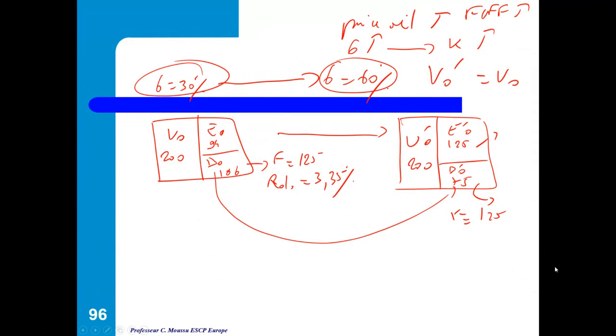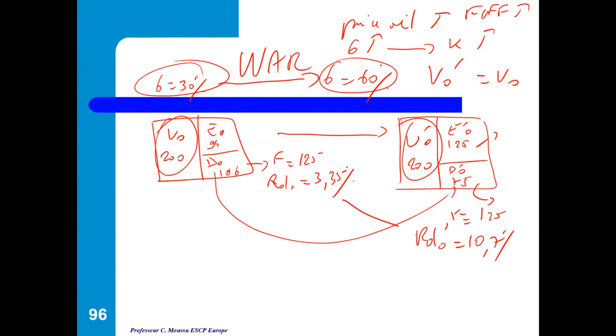Okay, so when the volatility is increasing, it's not my fault, it's the war. Then it means that as equity holders have a call, the value of equity will increase. But if the value of the firm is the same, it means that the value of the leverage will decrease. And the value of leverage will decrease to 75. And if you compute the yield now, the yield is now 10.7%. So it means that the yield is increasing because the default risk has increased and it will transfer into a lower value of debt.